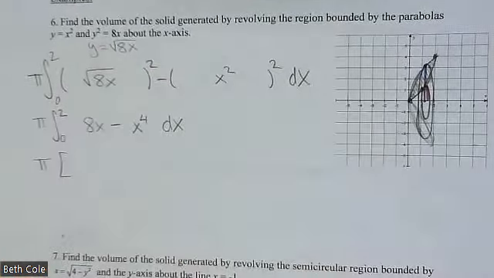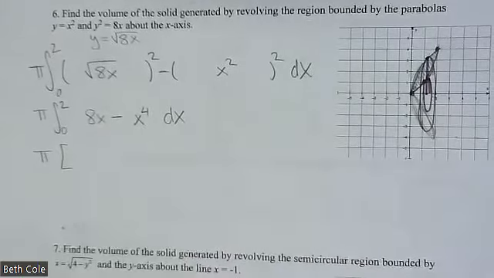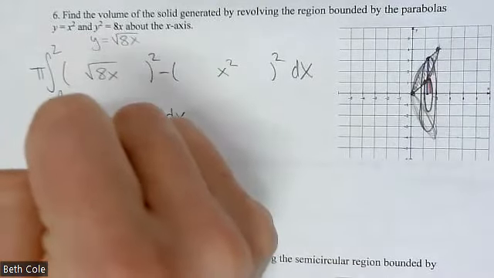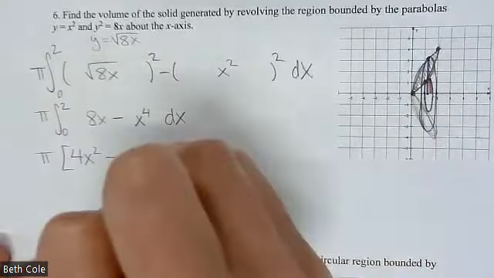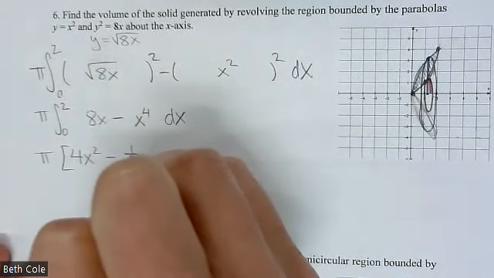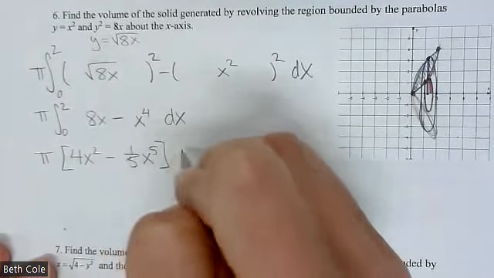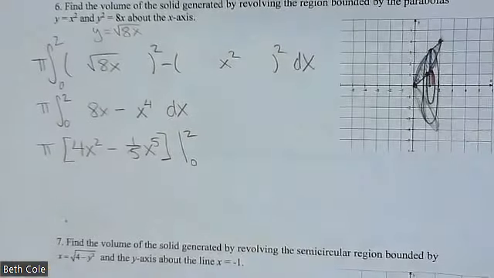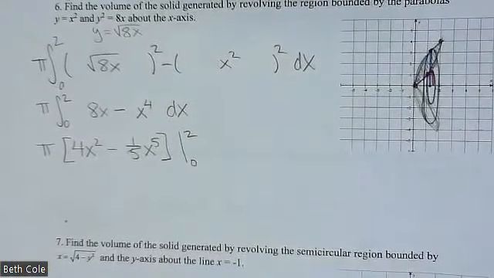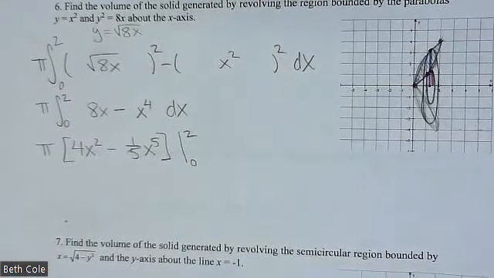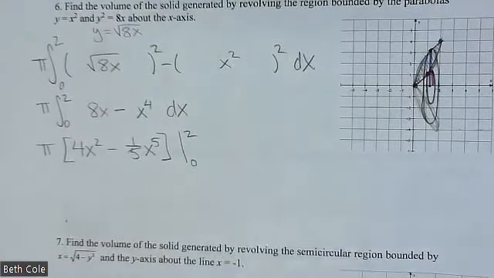So what is our antiderivative here? Good, 4x squared minus 1/5 x to the 5th, from 0 to 2. A lot of times the lower boundary is 0, which is nice because we don't have to do that one. If you plug in 0 to all these, it's just going to be 0.